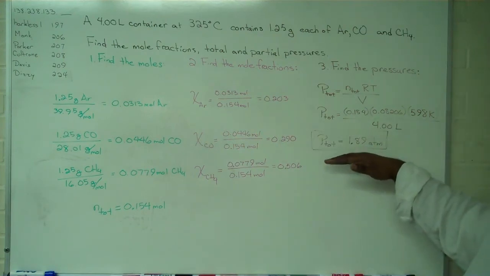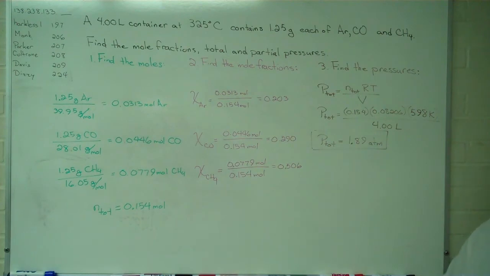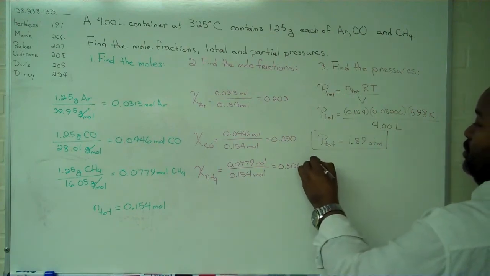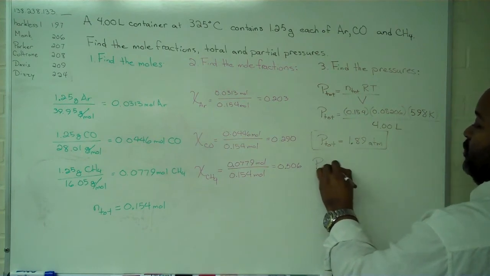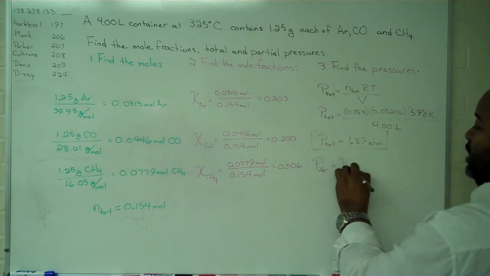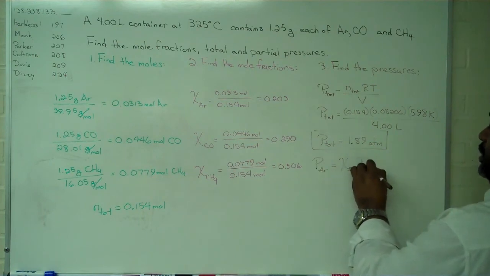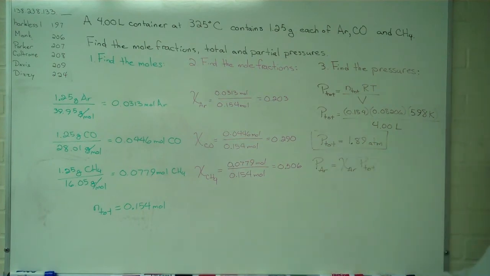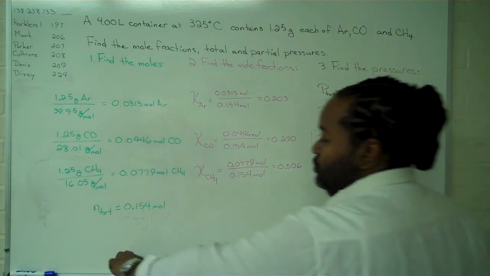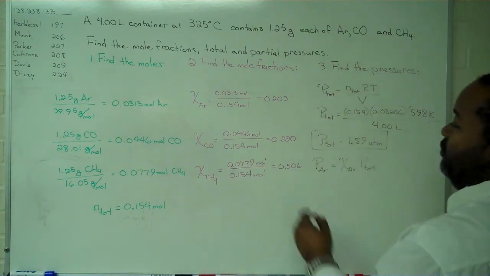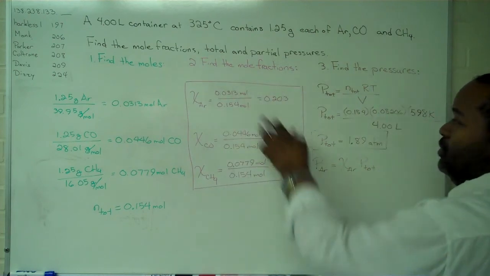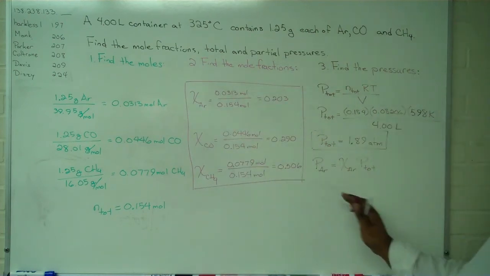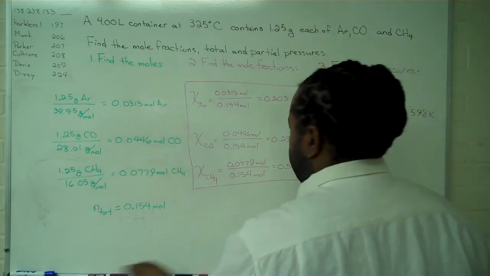So now that we have the total pressure, we can apply Dalton's law to get our partial pressures, because for each component, the pressure of argon, for example, will be its mole fraction times the total pressure. Because in step 2, we determined our individual mole fractions, we can take these values and plug them in combination with the total pressure to get our individual partial pressures.